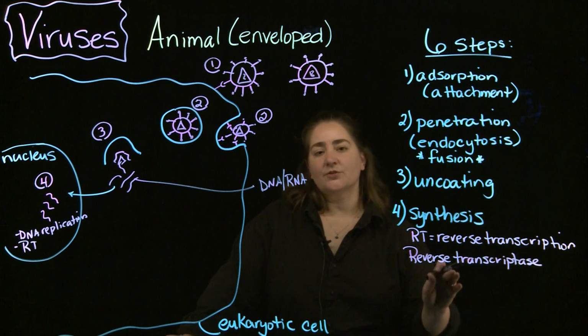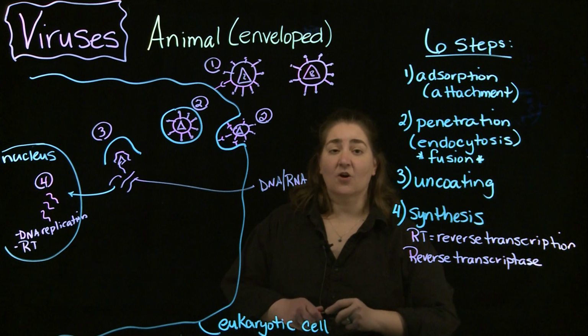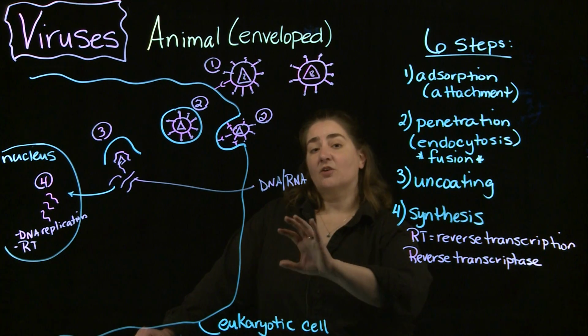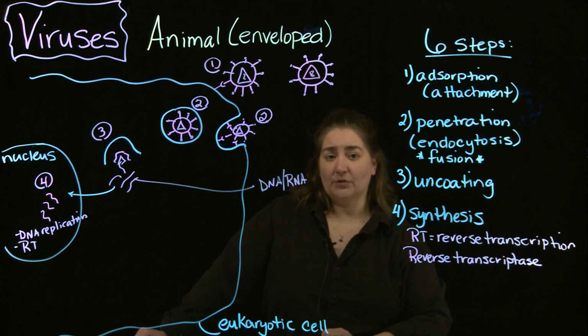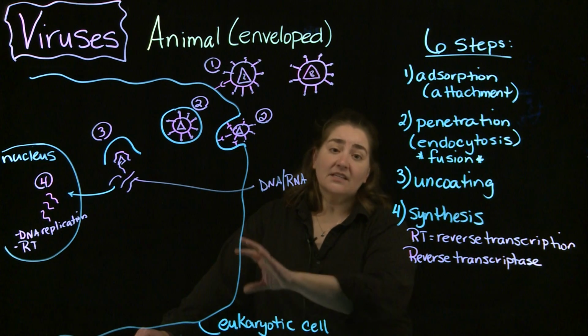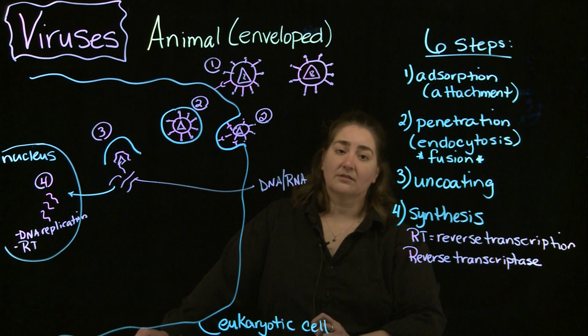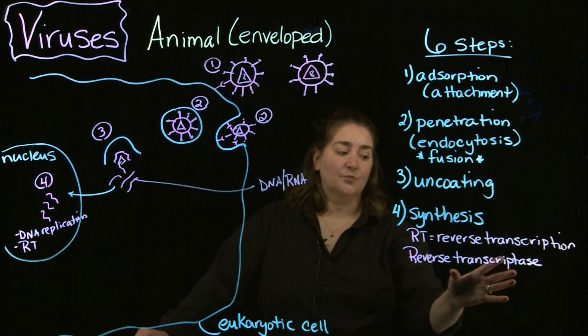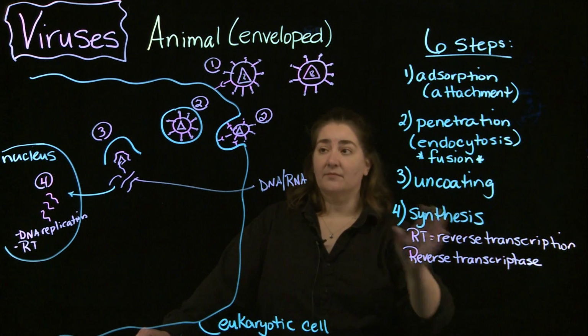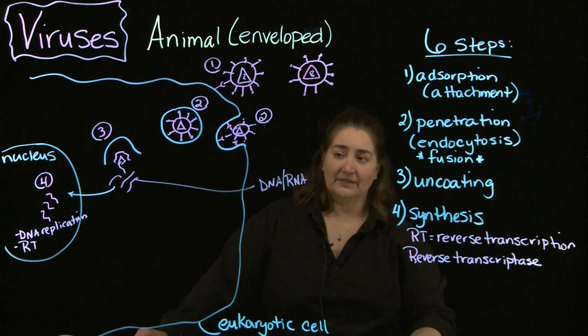What that reverse transcriptase does is it takes RNA and makes RNA into a DNA molecule, okay? That's not a cellular process that normally goes on in a eukaryotic cell. So that virus has to bring that particular enzyme in with it, okay?